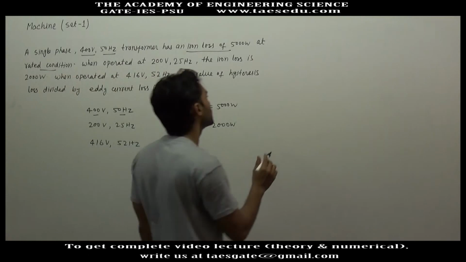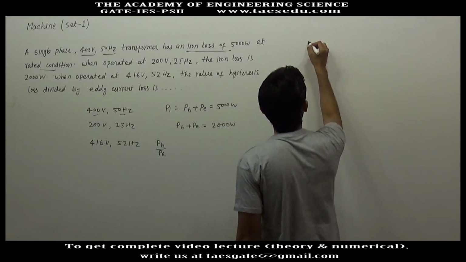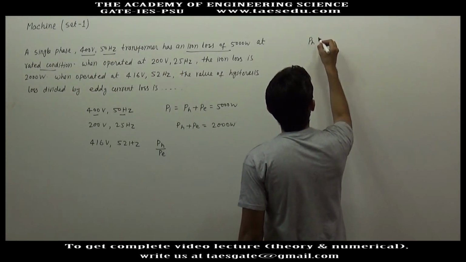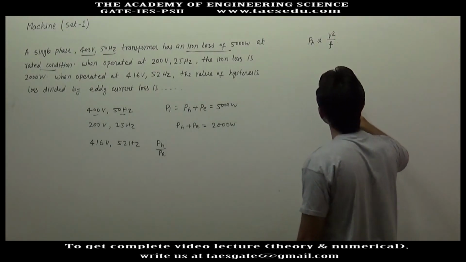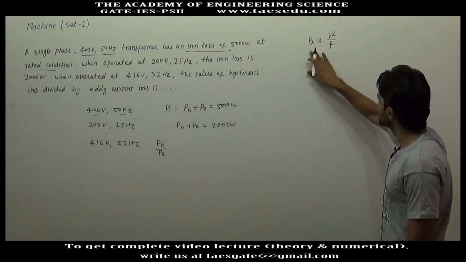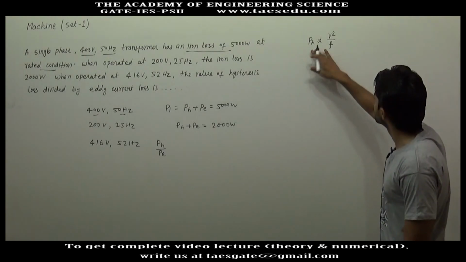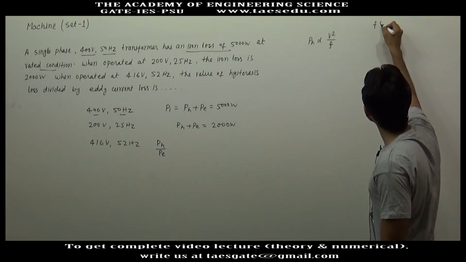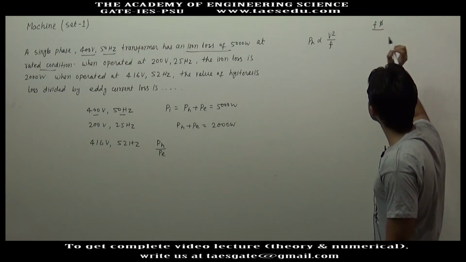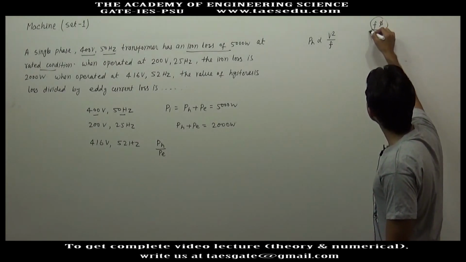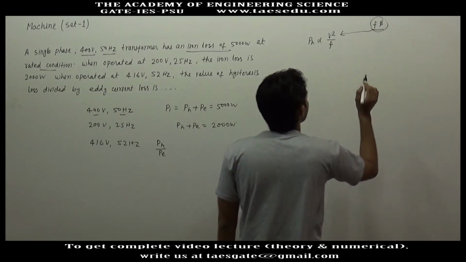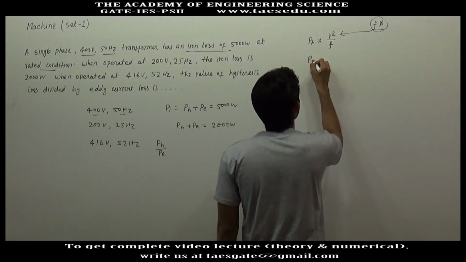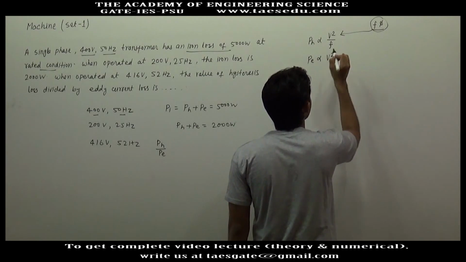So we know that in terms of voltage and frequency, the hysteresis loss is directly proportional to V square divided by F. In the theory lecture, first we defined relation of hysteresis loss in terms of flux and frequency, and then we converted it into in terms of voltage and frequency. And the eddy current loss is directly proportional to V square.